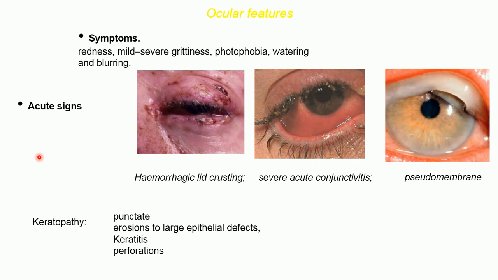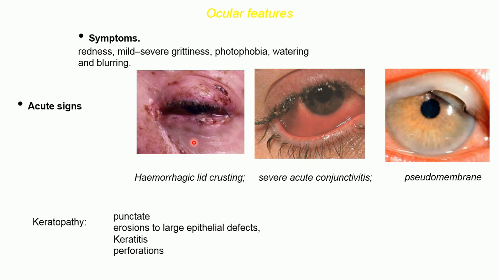In the acute signs, there is hemorrhagic crusting of the lid margins. Here you can see it is characteristic. The skin lesions may be confluent. It is often difficult for an examiner to open the eyes without causing discomfort.